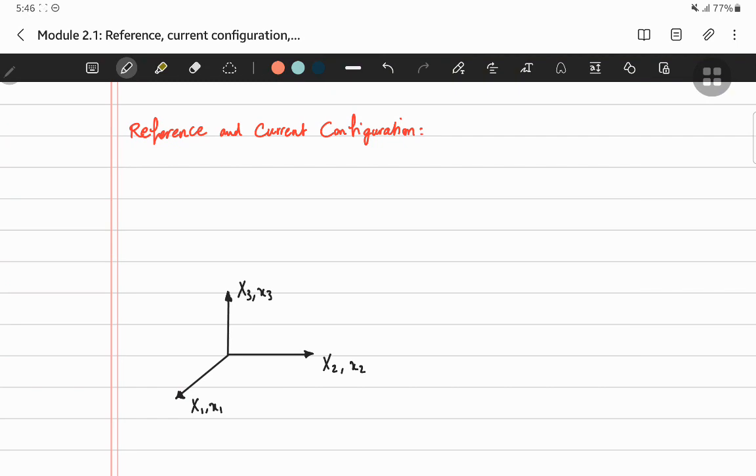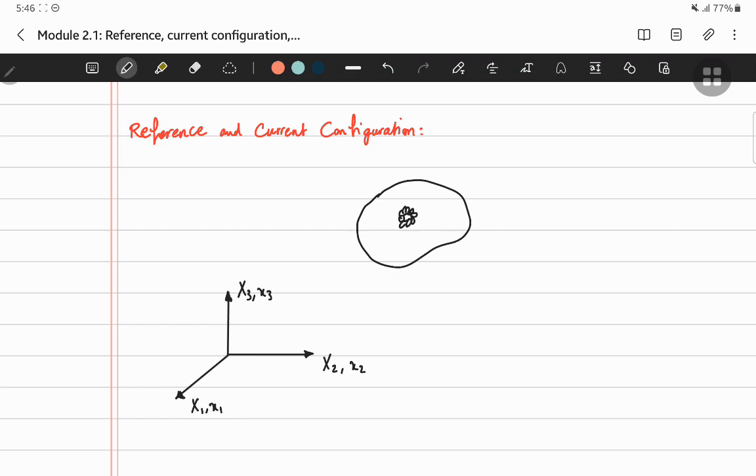Suppose you have a coordinate system like the one you see here. So we have some capital letters X and the other is small x. Suppose you have a configuration like the one you see here, and this is a continuum. Why? Because if you select a particle right over here, then you have an infinite number of particles around it.